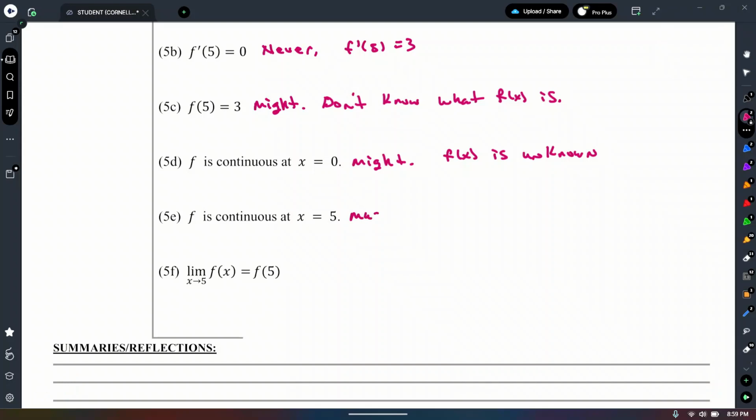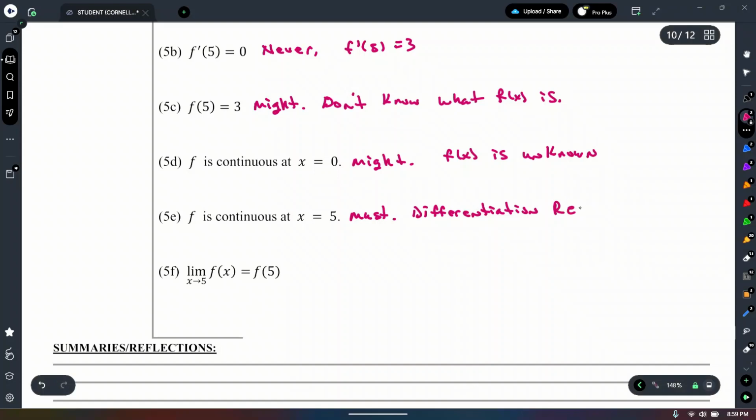This must be true. And this is important, make sure you write this down: differentiation requires continuity. If it's not continuous at that point, you can't take a derivative at that point.